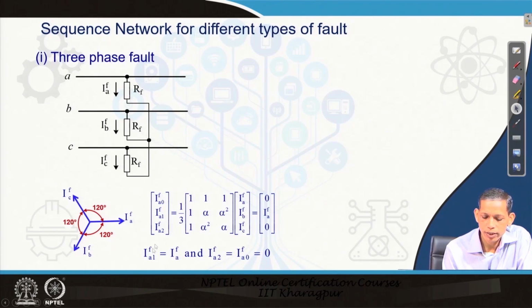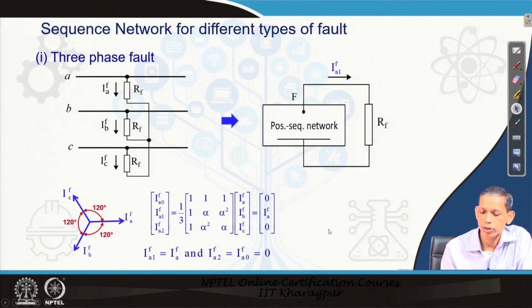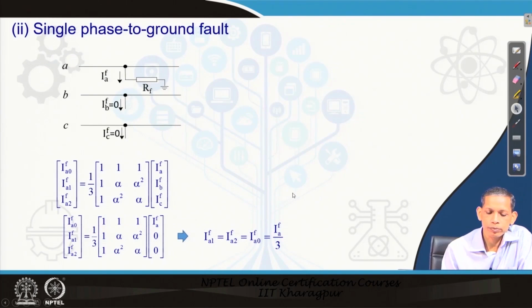So IA1 F equals the same as IA F, and IA2 F and IA0 F are 0. That implies that the sequence network for the 3 phase fault condition contains only the positive sequence component, no negative or zero sequence. That is why it contains only a positive sequence diagram, where we can analyze only the positive sequence current.